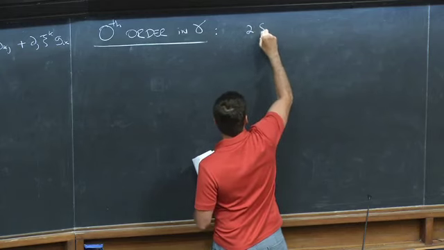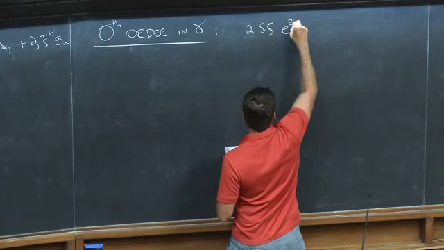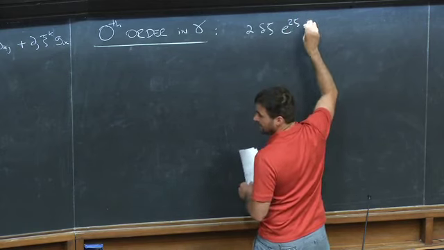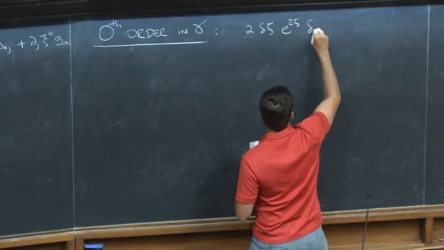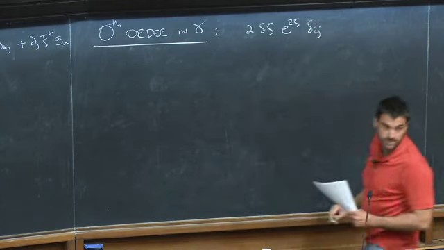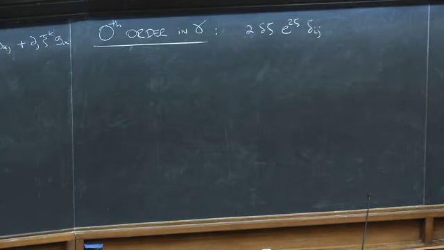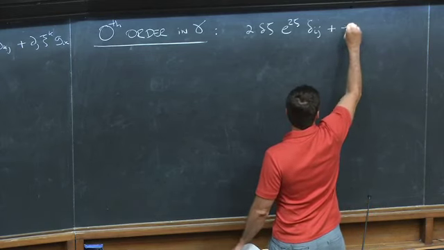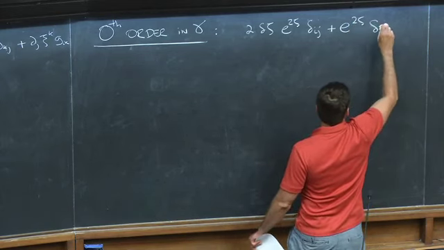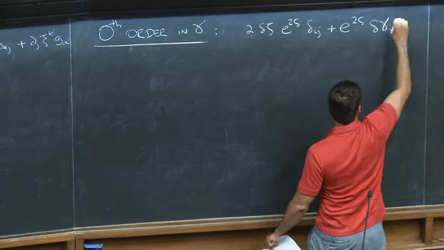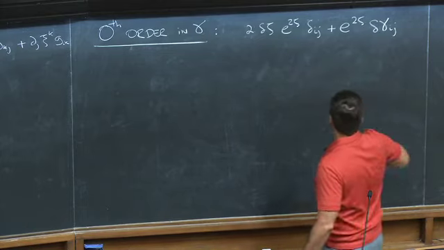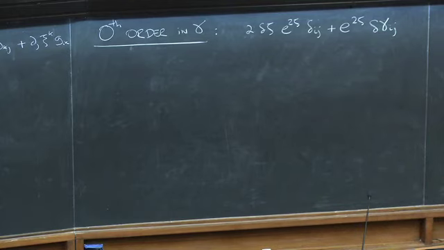So I will get twice delta zeta, e to the 2 zeta, and then here I can set gamma to 0, so this will give me delta ij. That comes from varying with respect to zeta. Now I vary with respect to gamma, and then I set gamma to 0, so this will give me plus e to the 2 zeta delta gamma ij. Notice I've dropped the superscripts gamma 0, gamma 1, because it's all going to be implicitly to zeroth order in gamma henceforth.